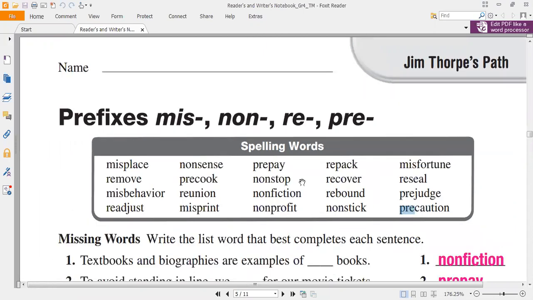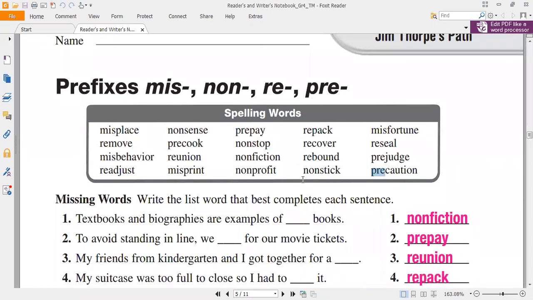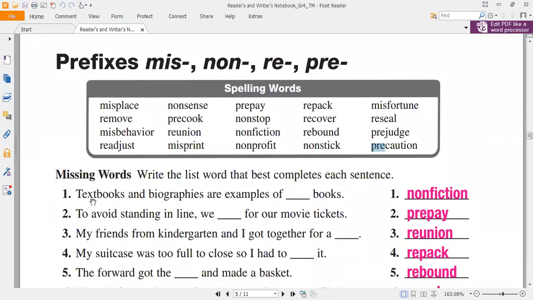Now let's check some examples together. Number one: textbooks and biographies are examples of what books? Yes, non-fiction books. Number two: to avoid standing in line, we prepay for our movie tickets.